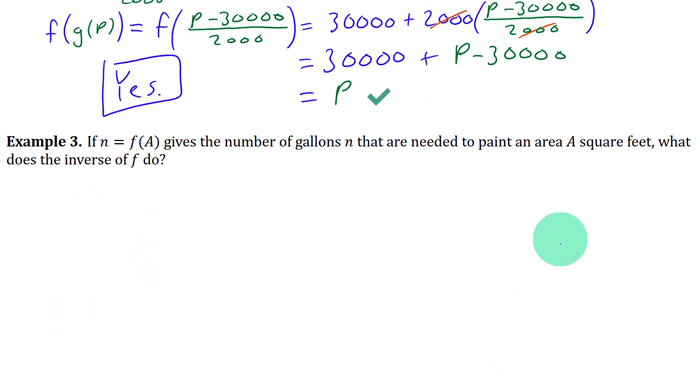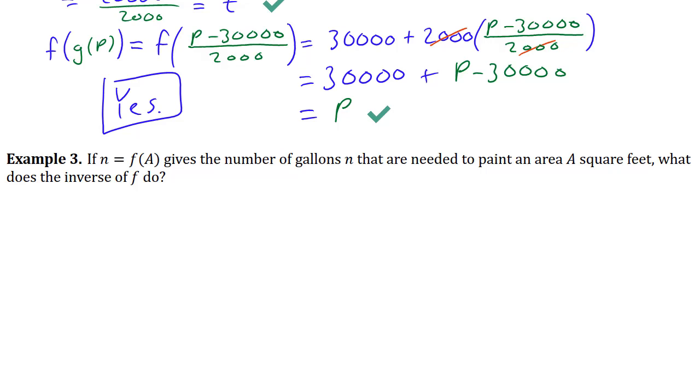All right, let's look at one more example. So if n equals f of a gives the number of gallons n, so the output of this function is the number of gallons that are needed to paint an area of a square feet. What does the inverse of f do? Well, let's see.